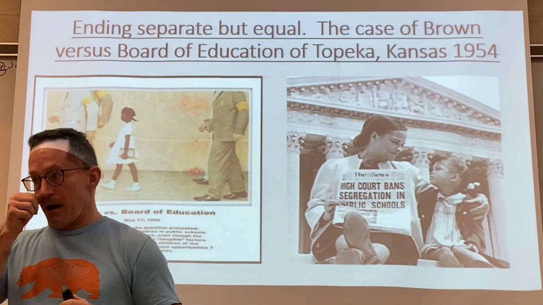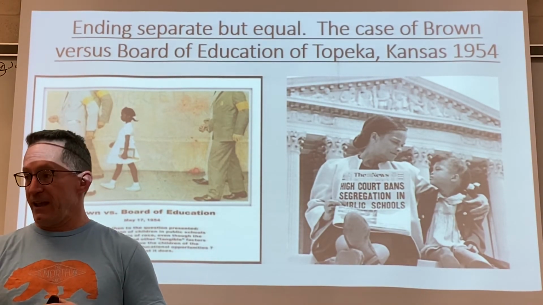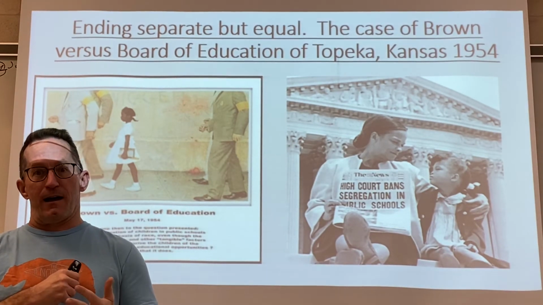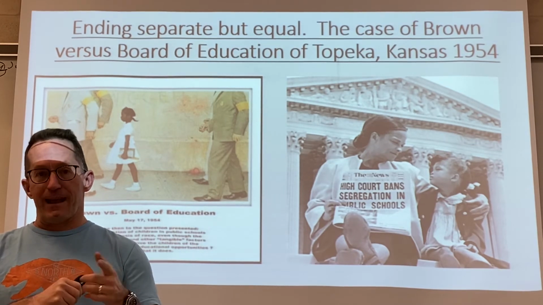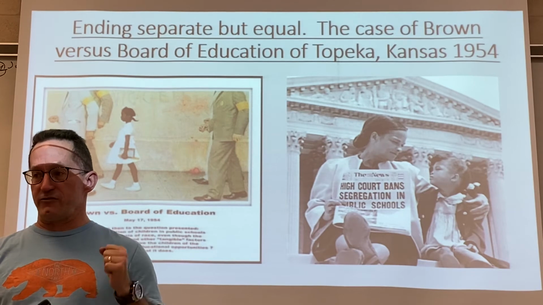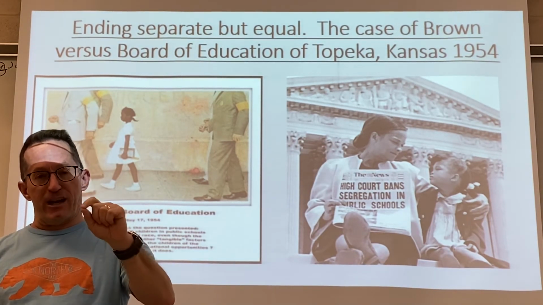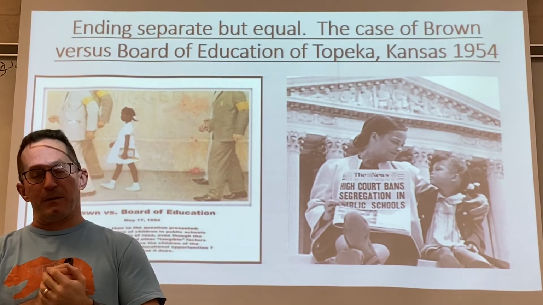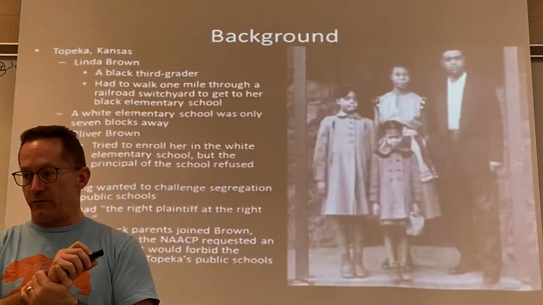So we're talking almost 100 years after the 13th, 14th, and 15th Amendments, and almost 60 years after Plessy versus Ferguson, to the next Supreme Court case, which is Brown versus Board of Education. This will be a challenge against the separate but equal policy being constitutional, and specifically in the area of schools.